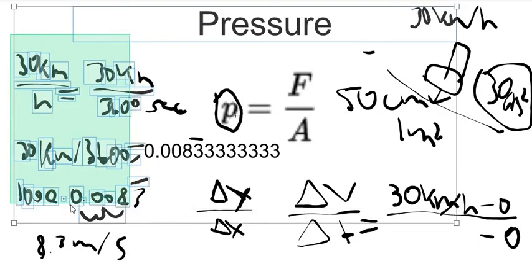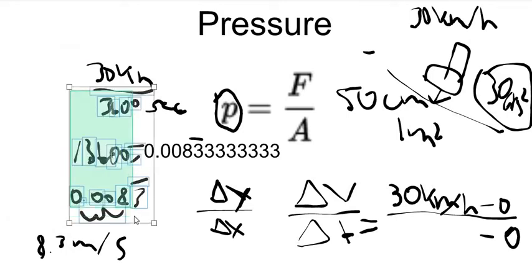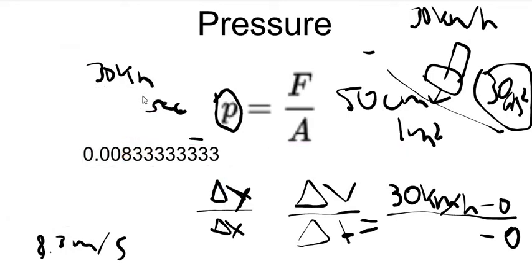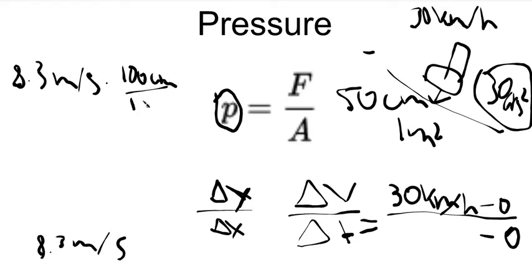Now, to get to centimeters per second, how do we do that? Well, same concept. We know that there are 100 centimeters in a meter. So we multiply by 100. 8.3 meters per second multiplied by 100 centimeters in 1 meter.